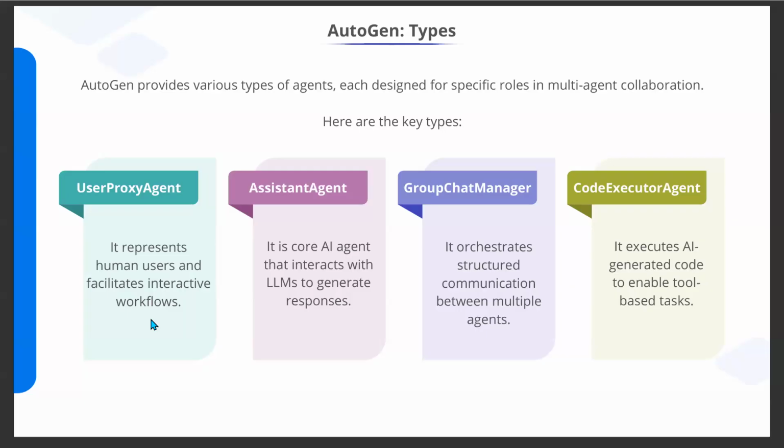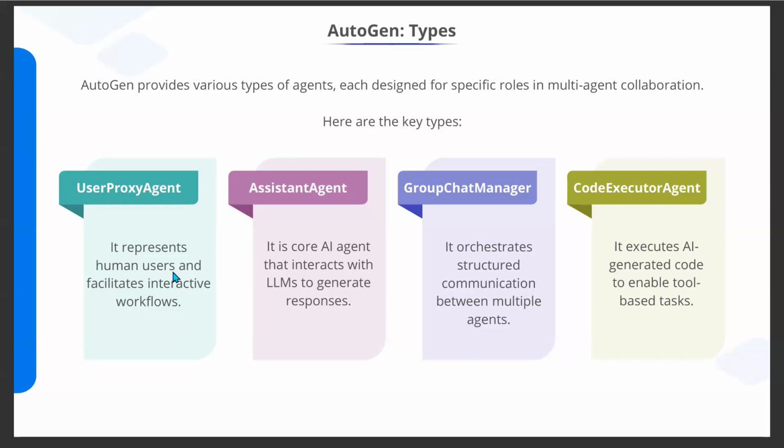The user proxy agent is responsible for accepting user instructions, sending tasks to other agents, and receiving the responses and allowing human feedback. For example, if you say, analyze the last month's sales data, your input is taken and it acts like a customer service representative connecting the user to the AI team.